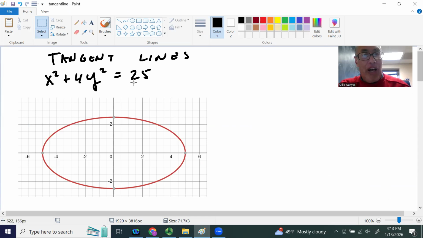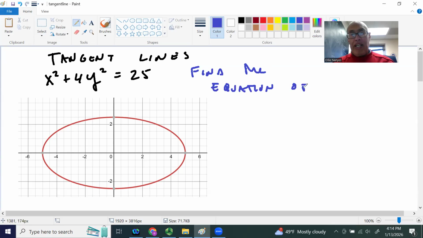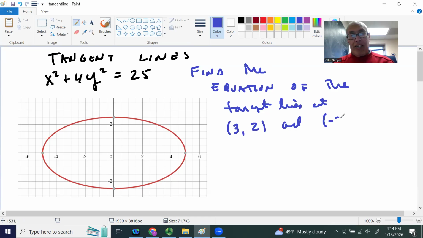So suppose we start off with the equation, and this is from the calculus where we did implicit differentiation. Let's say we're given this particular equation, and we're told to find the equation of the tangent lines at the points x is 3, y is 2, and x is -3, y is 2.